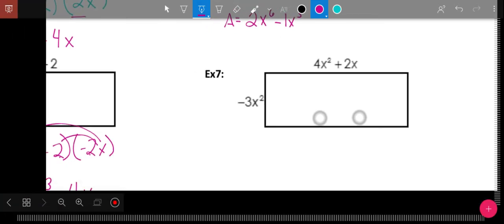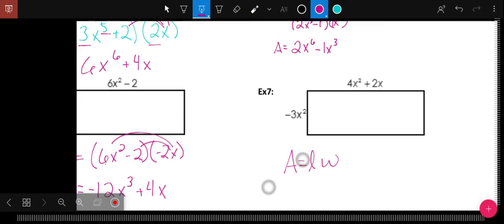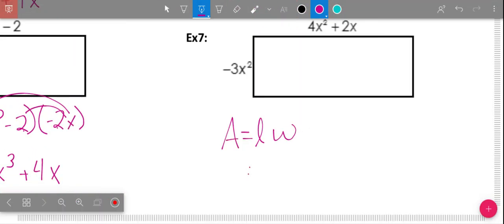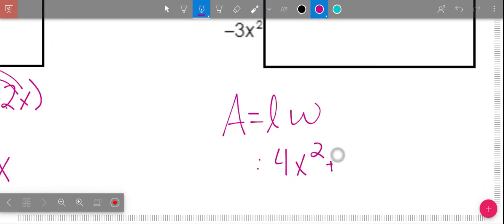All right, so hopefully you went through and you tried that one. We need to know that area equals length times width. So our length is 4x squared plus 2x. Oops, that's an ugly 2.